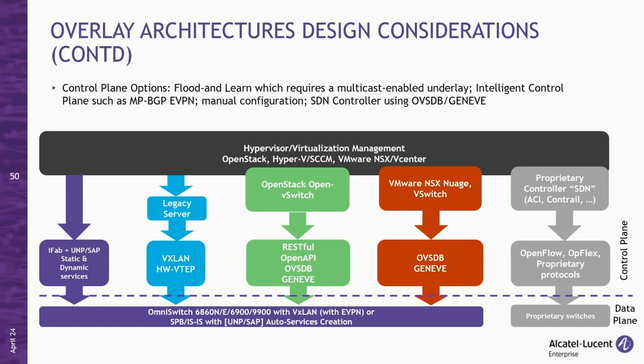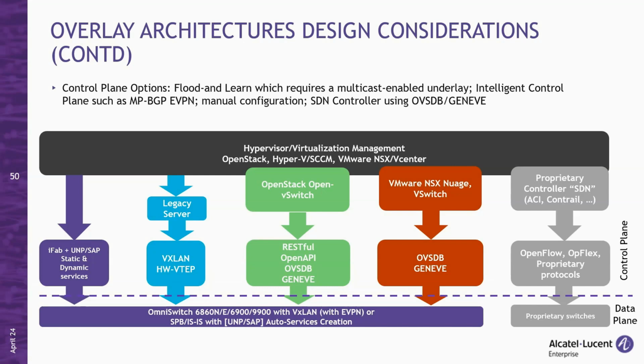The ALE OmniSwitch 6900 supports VXLAN and programming protocols and interfaces to be deployed with major SDN solutions. ALE is one of the few networking vendors to support SPB, which is a standard Ethernet protocol.